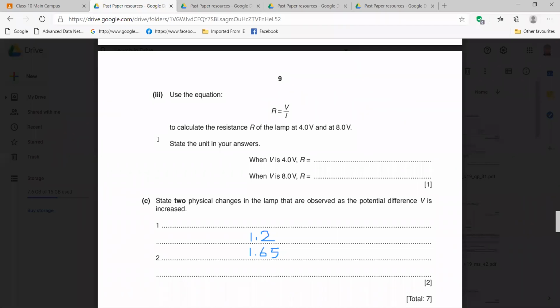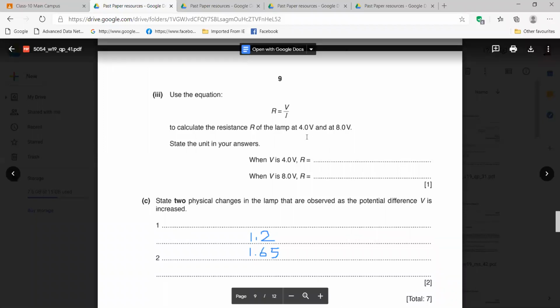3.33. What about others? Aisha, Ziba, Moshe, Adnan, what's your answer? Yeah, 3.33. Will you say only 3.33, or will you add the unit also? 3.33 ohms.